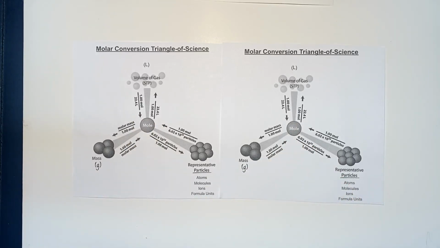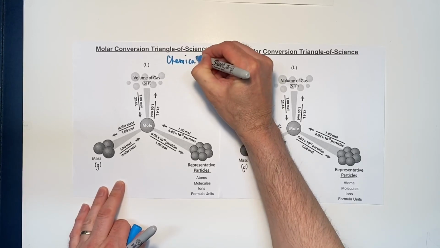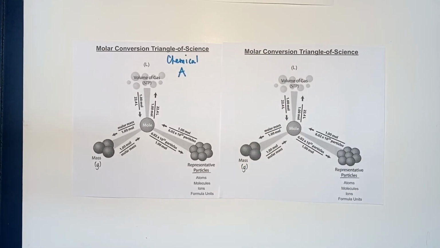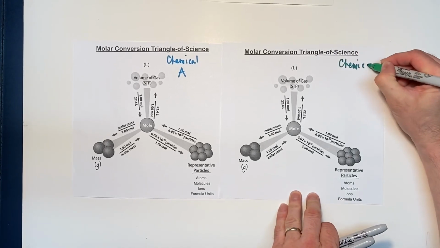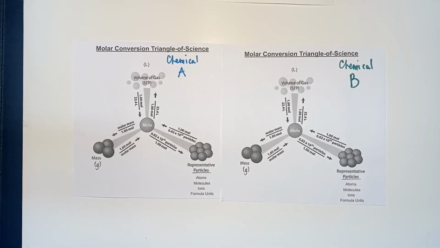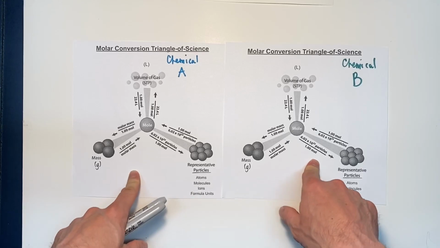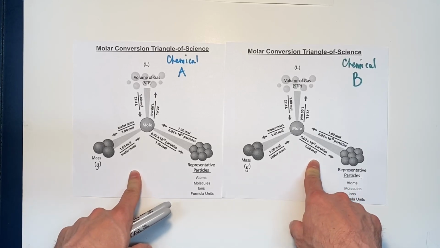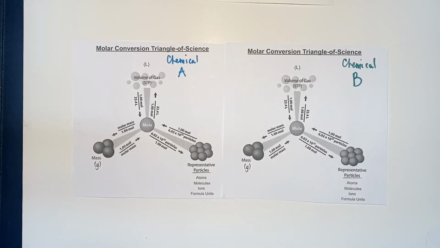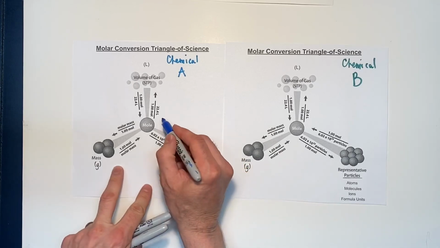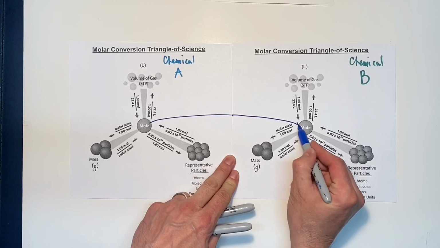We can call one of them chemical A, and the other triangle is for chemical B. These two chemicals, chemical A and chemical B, are two chemicals in the same balanced chemical equation, and the two chemicals are related through their mole-to-mole ratios.